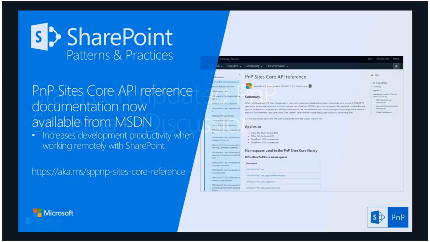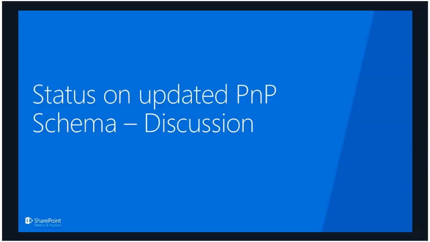I'm hoping that Paolo can do a live demo and discussion on this one. Just before we go there, a quick semi-announcement as well. I didn't do a slide on this one, but this month, May 2017, for the first time ever, we broke more than 5,000 tenants using PnP site core or PnP PowerShell within SharePoint Online.